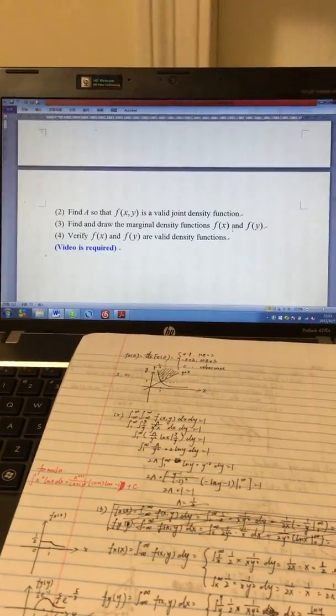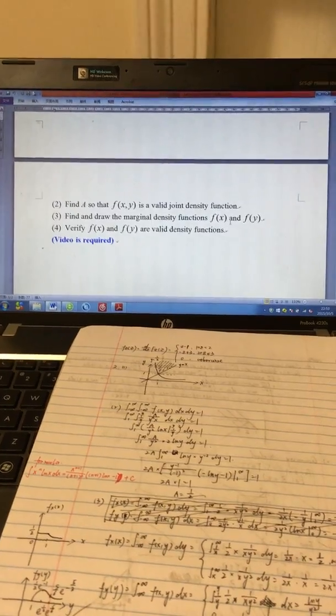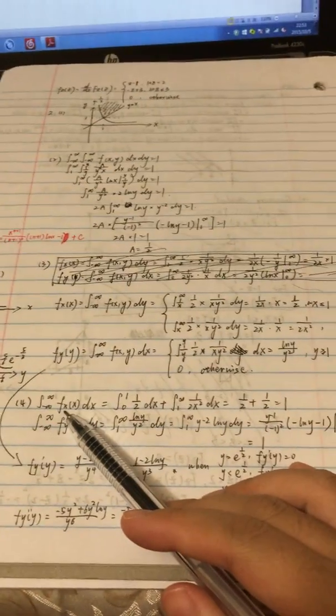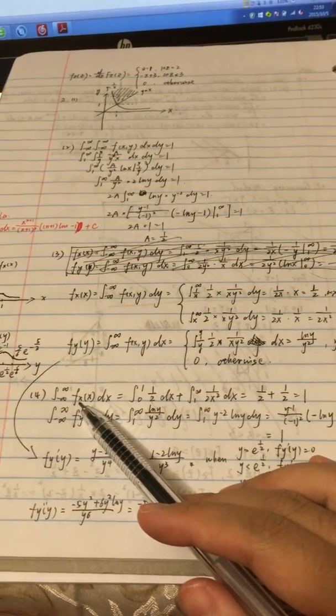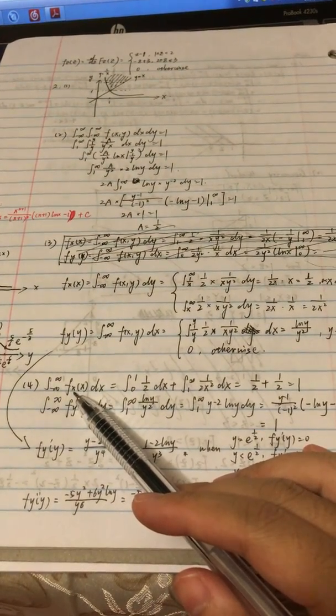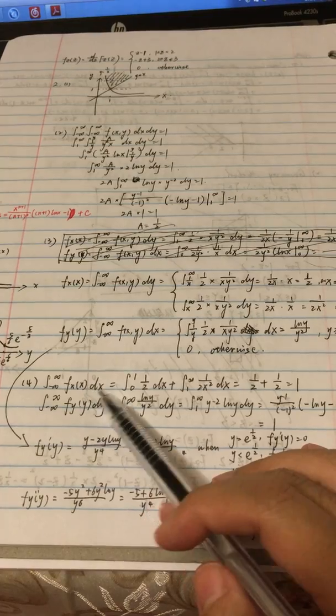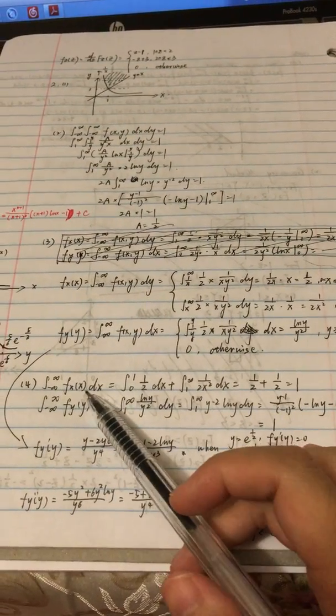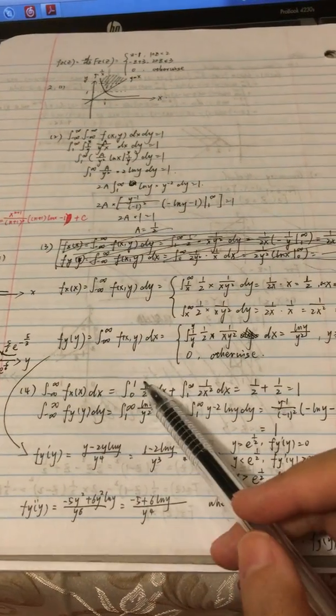Okay, let's look at the fourth sub-question. Verify fX and fY are valid density functions. A valid density function means the integral of it from minus infinity to infinity should be equal to 1. So let's first look at fX.